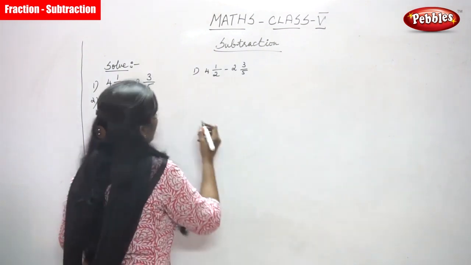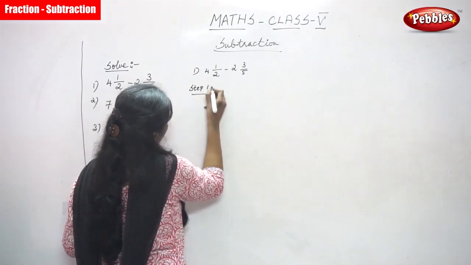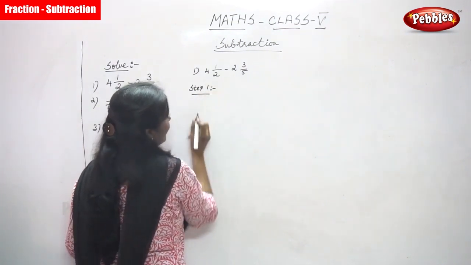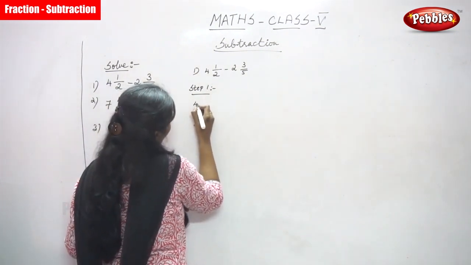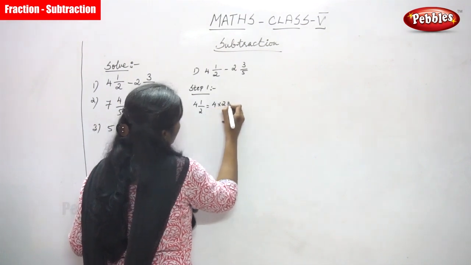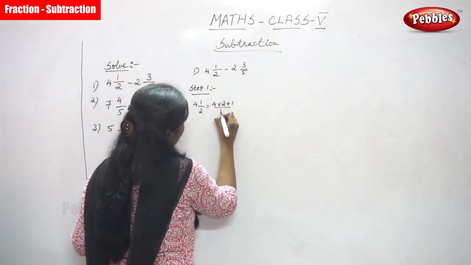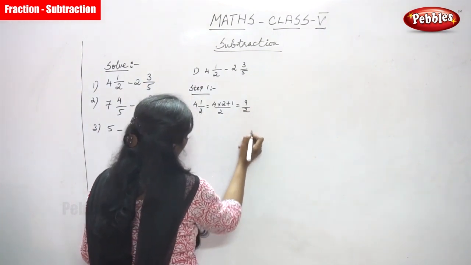Okay. Step 1: first you have to convert the mixed fraction into an improper fraction. So 4 1 by 2 is equal to 4 into 2 plus 1, divided by 2. So 4 into 2 is 8, 8 plus 1 is 9, so 9 by 2.